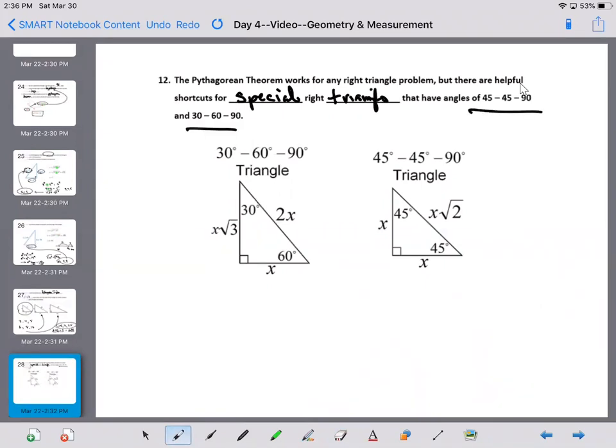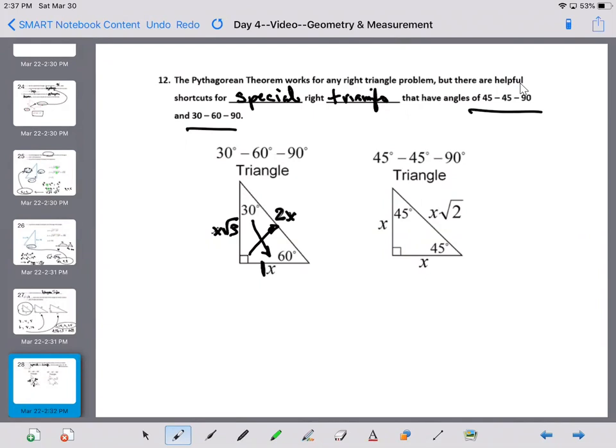So with those triangles come special measurements. We'll see that if this is 1x and this is 2x and this is x times the square root of 3, well, the side opposite 30, if we said was 1, the side opposite 90 is actually double that.